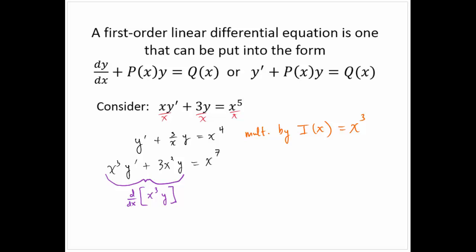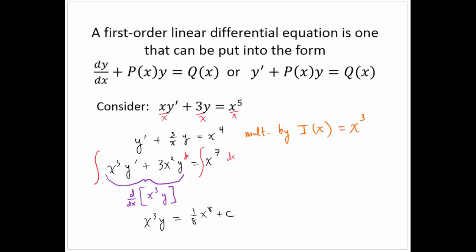And so, like we did with separable equations, at this point we integrate both sides with respect to x. Let me throw in a dx here. We integrate both sides with respect to x, and that yields x cubed y is equal to 1/8 x to the 8th plus a constant.